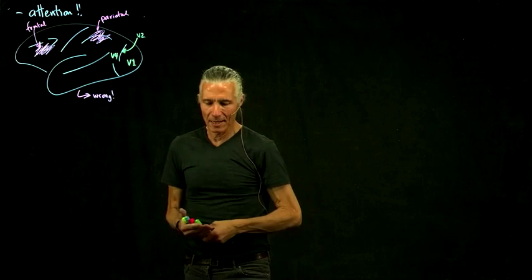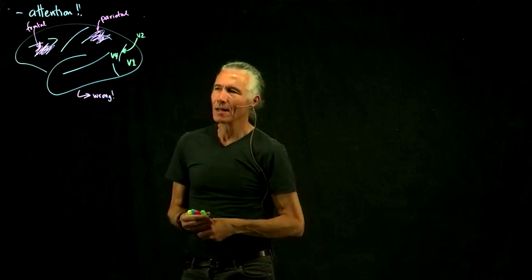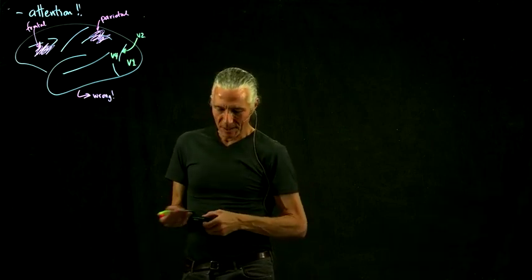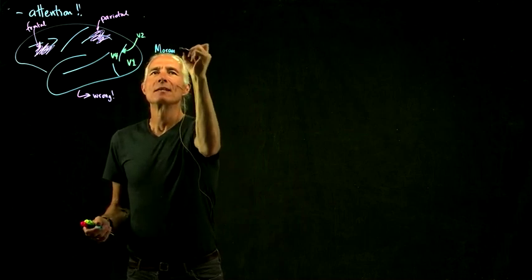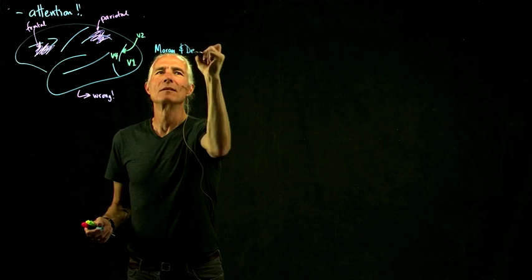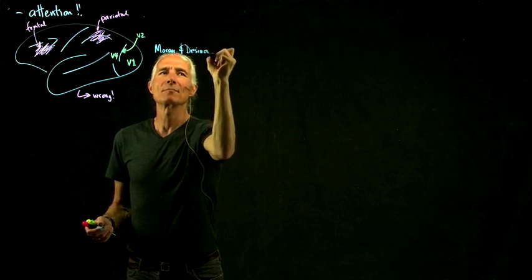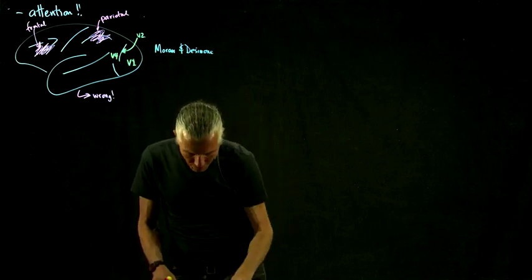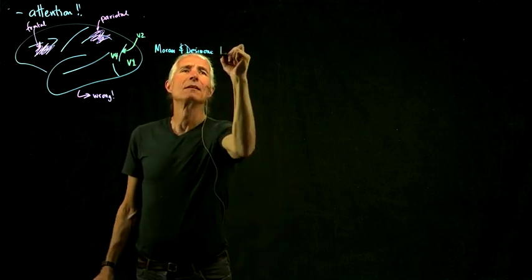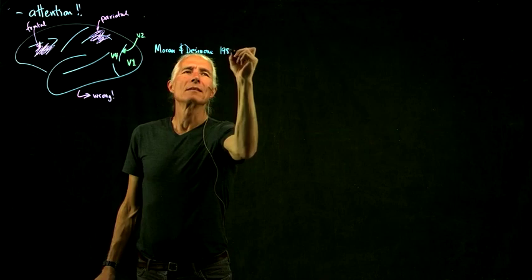And so what is this experiment? So this experiment was Moran and Desimone. People did experiments before this that were like this, but this was one that, what is that? 1986 maybe?